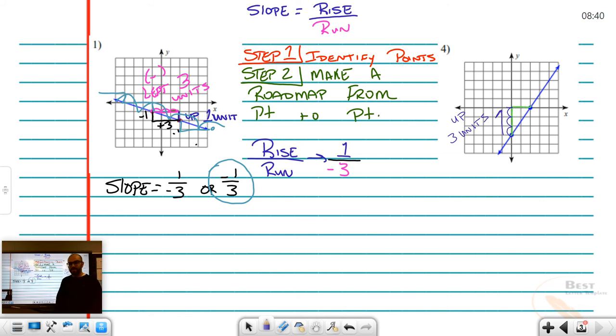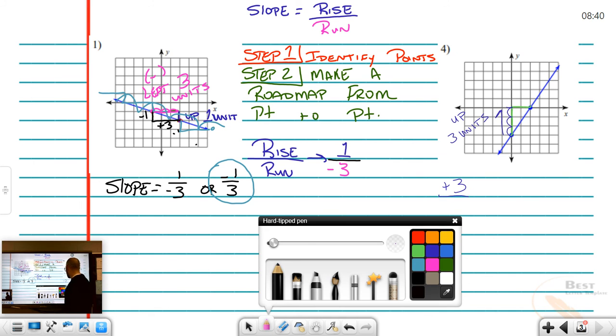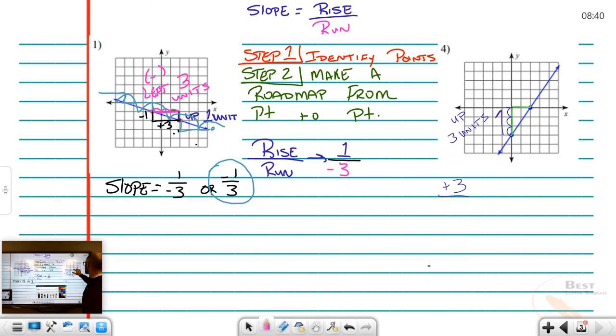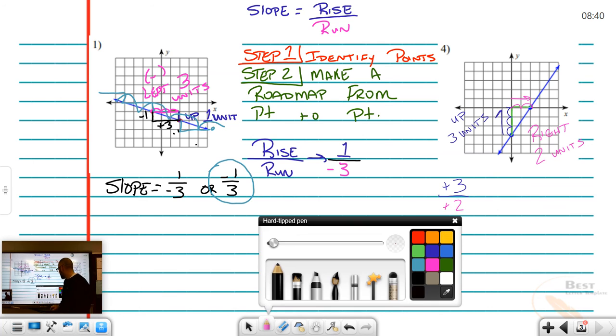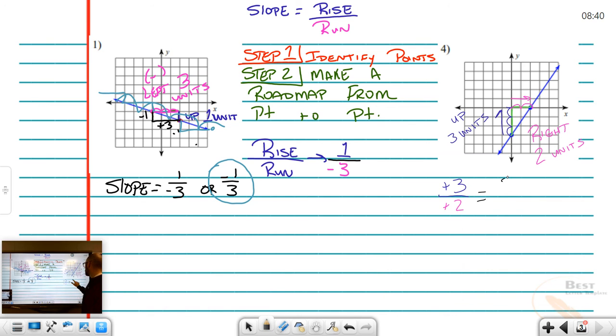Up is positive, okay? So that's a positive 3 over, and I need to run now from here to here. So I'm going 1, 2. I went right 2 units, and right is positive, so positive 2, which gives me a slope of just 3 over 2.